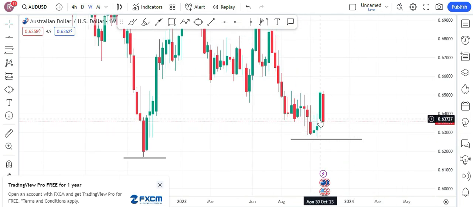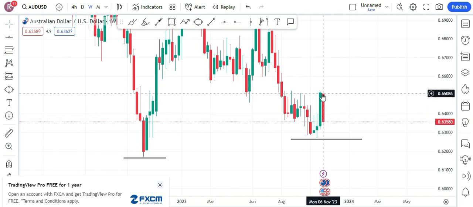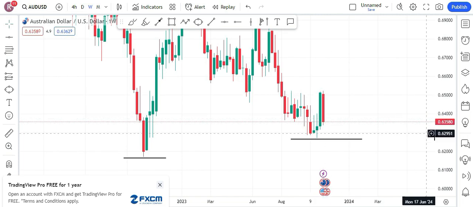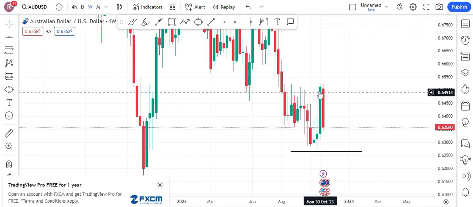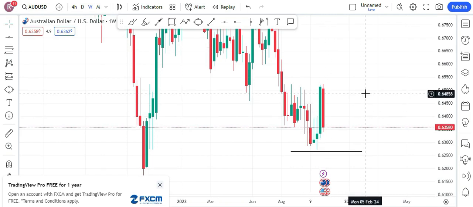What happened last week is that it has a very big negative, bearish candle, a dark cloud cover in the textbook definition.